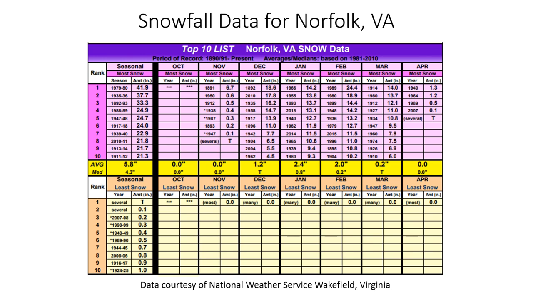Several years came in at number 2 with just 1/10 of an inch of snow. 2007-2008 was the third least snowy winter, 2/10 of an inch. 1998-99, number 4 at 3/10 of an inch. 1948-49, 4/10 of an inch. 1989-90, 5/10 of an inch. And right on down the line. So this is some great data that the National Weather Service puts together. The average snowfall in Norfolk for a season is 5.8 inches.